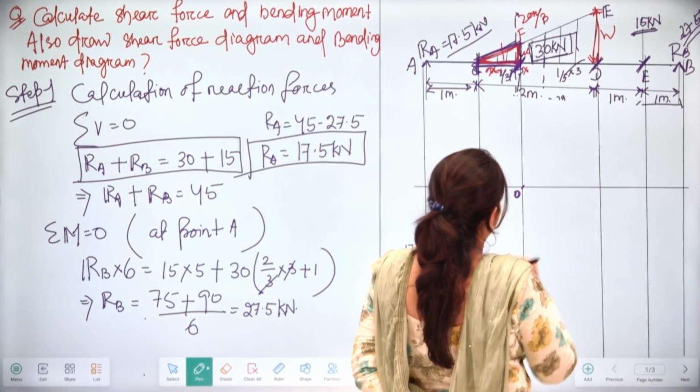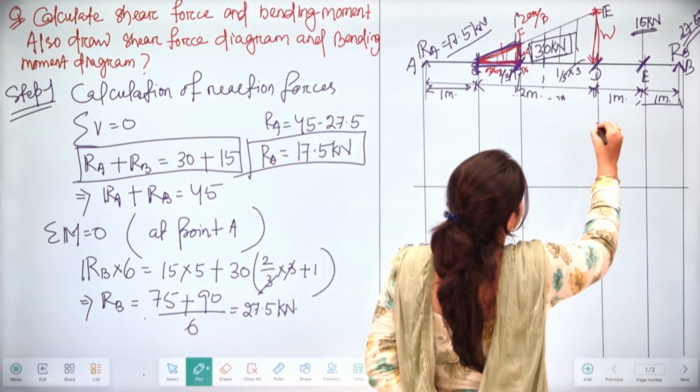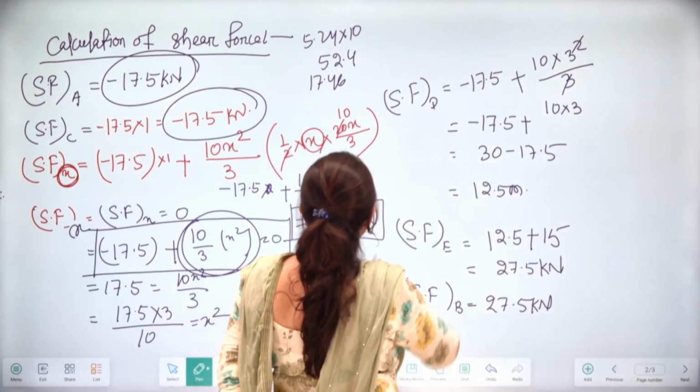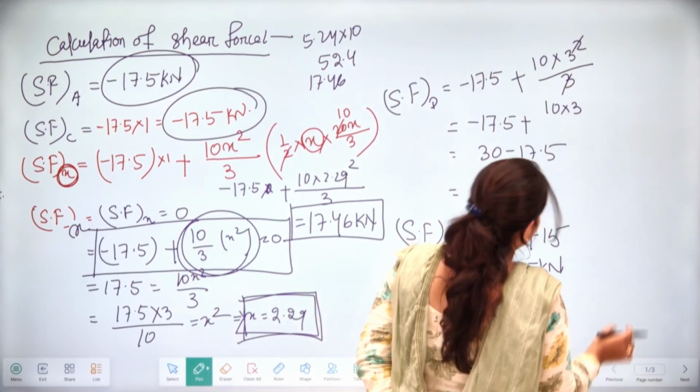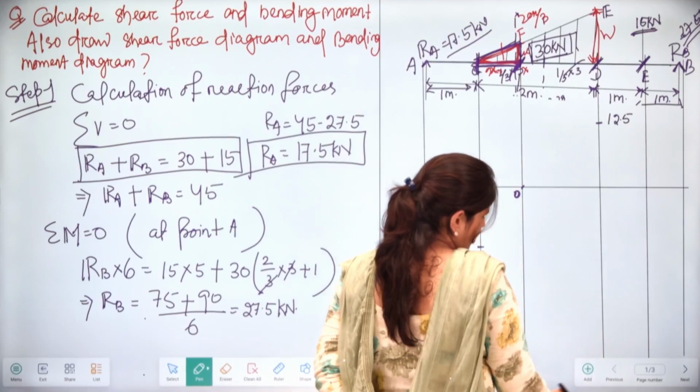Zero, and this is your what? 12.5. Here we will have 12.5.